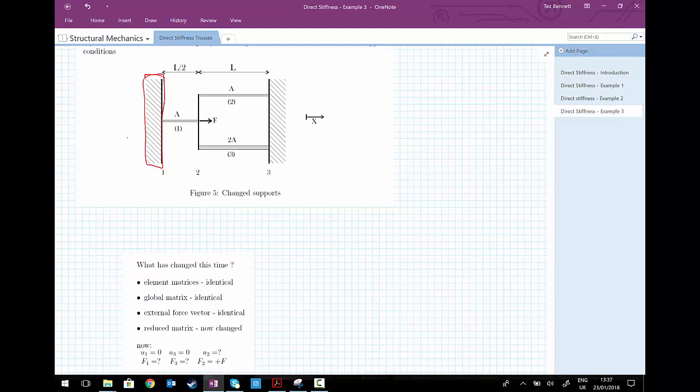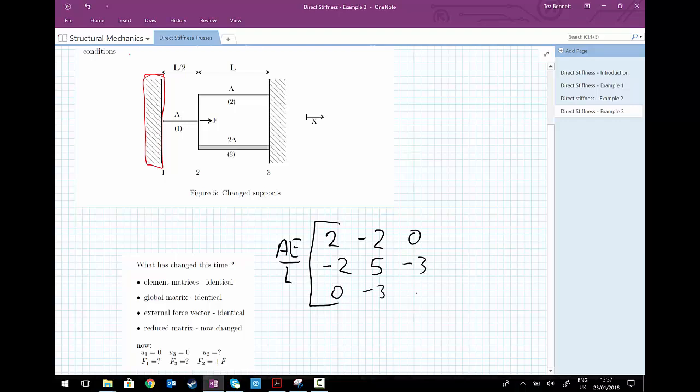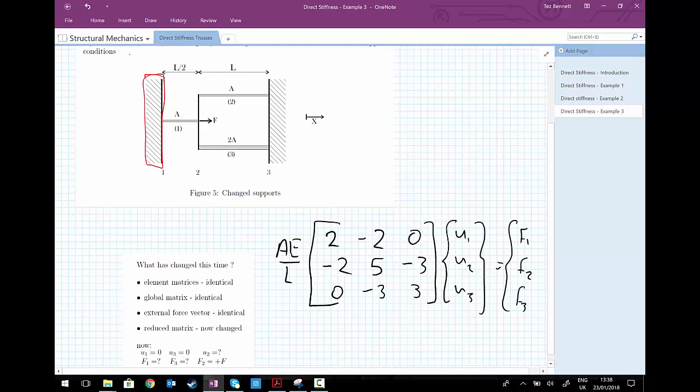If we write those system of equations down, we had AE divided by L, then we have 2, minus 2, 0, minus 2, 5, minus 3, 0, minus 3, 3, multiplied by the displacements u1, u2, u3, equal to f1, f2, f3.